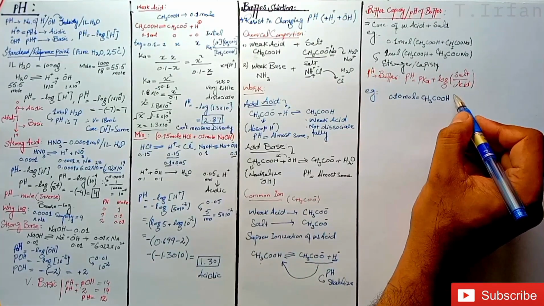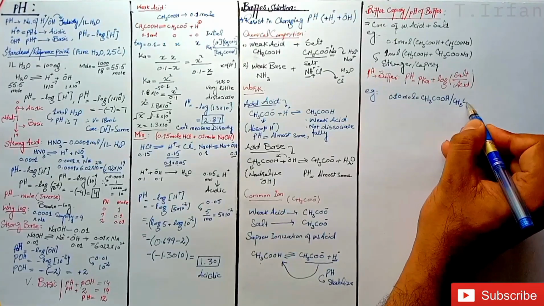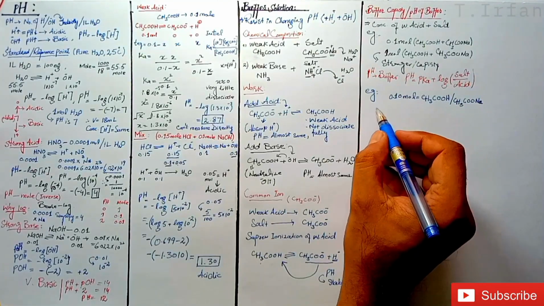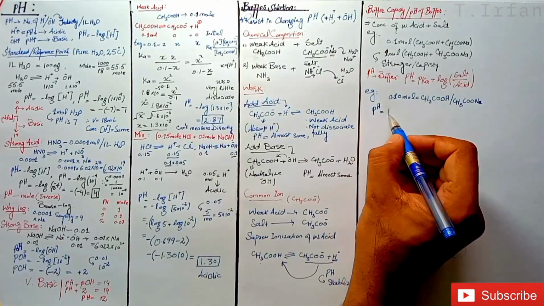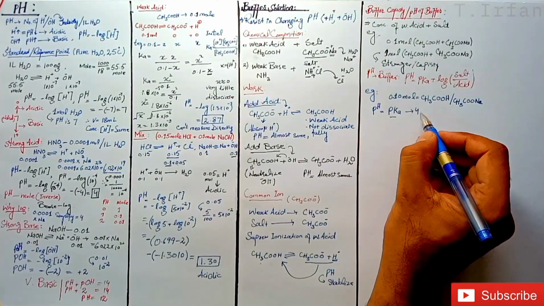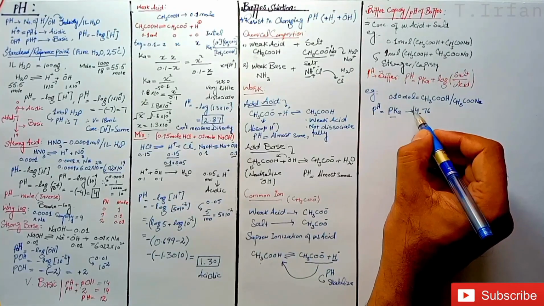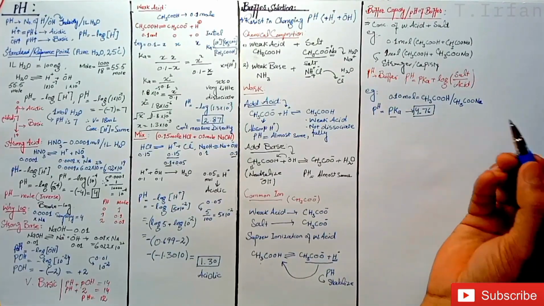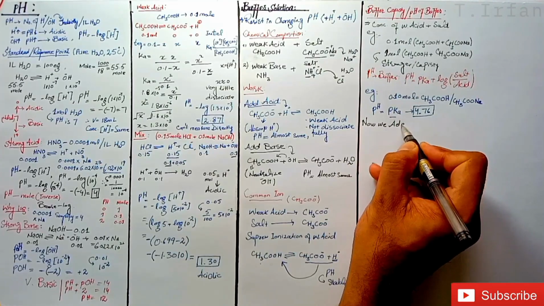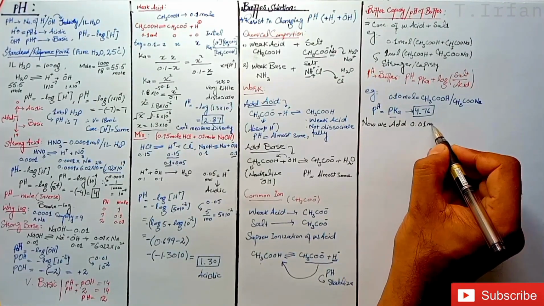Here the concentration of weak acid and its salt is the same. Now by using the Henderson equation we can calculate the pH of this buffer solution. As the concentration of acid and salt are the same, pH value depends only on pKa value. pKa value of the acetic acid is 4.76. So this buffer solution has pH 4.76.